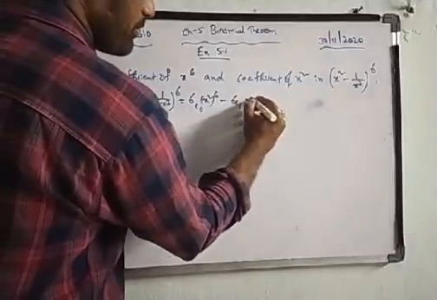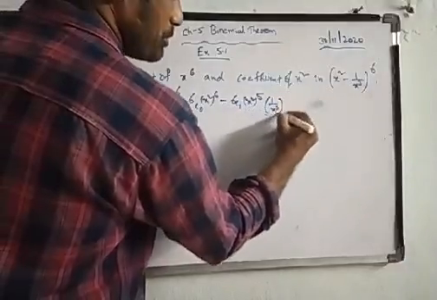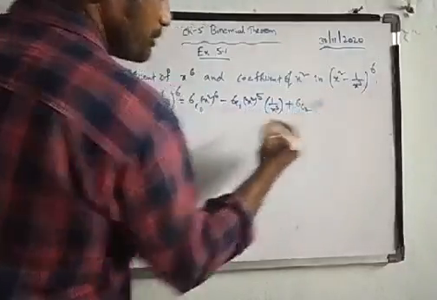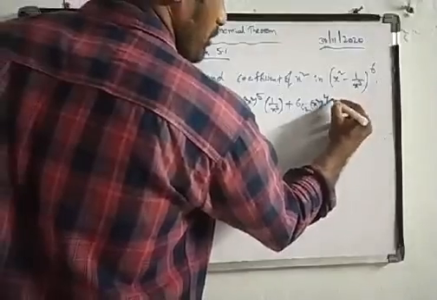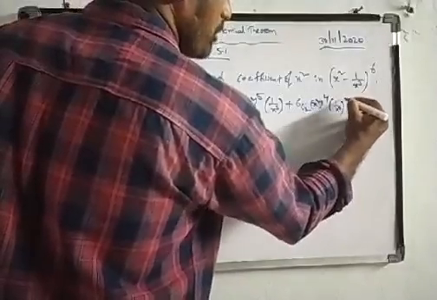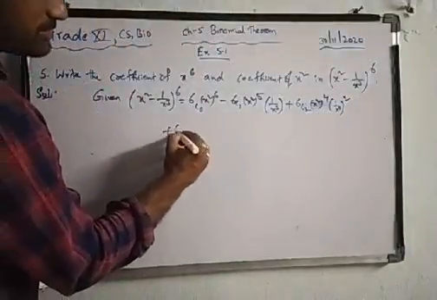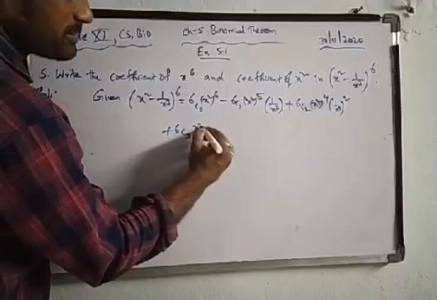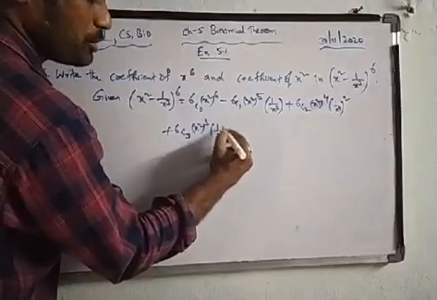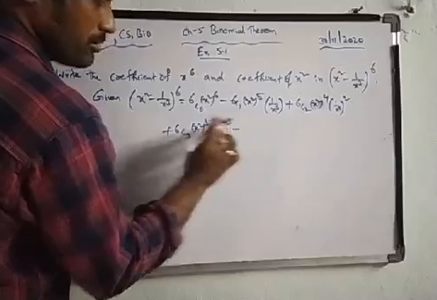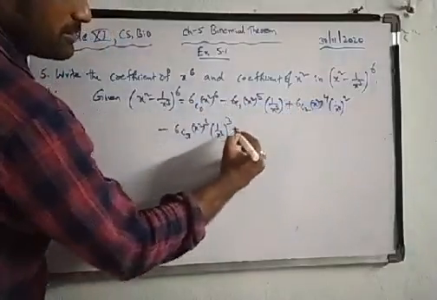So 6C1 (x square) whole to the power of 5 into 1 by x cube plus 6C2 (x square) whole to the power of 4 (1 by x cube) whole square plus 6C3 (x square) whole cube (1 by x cube) whole cube, plus minus plus minus plus.